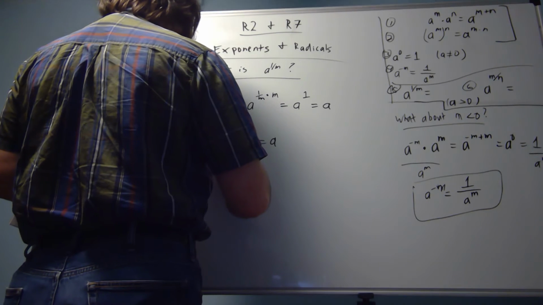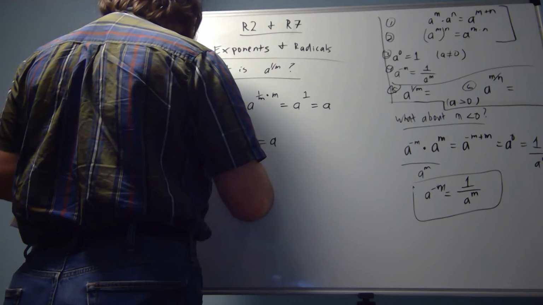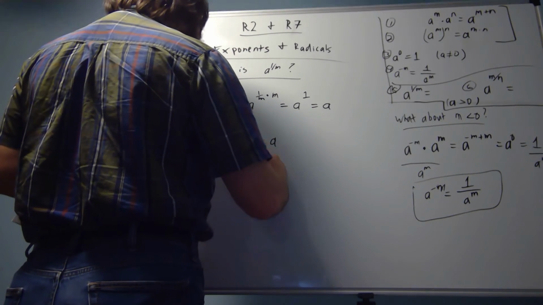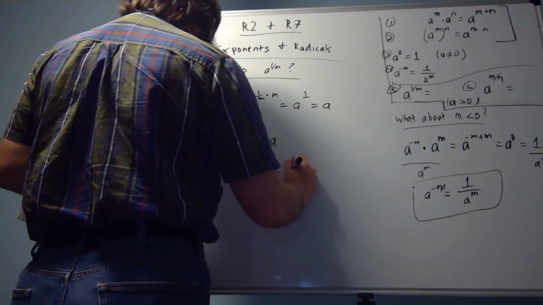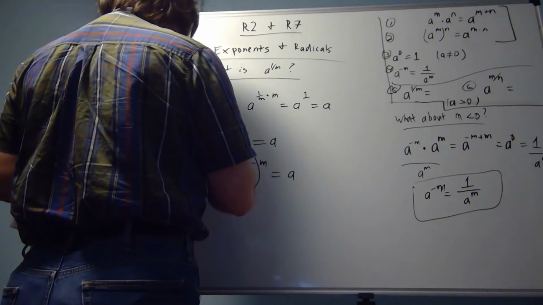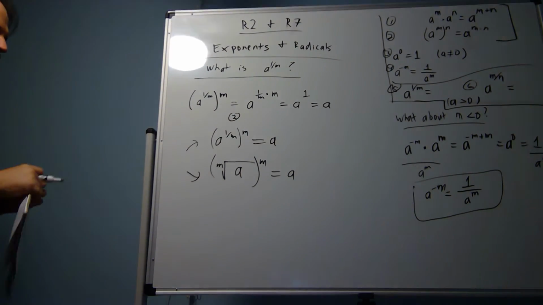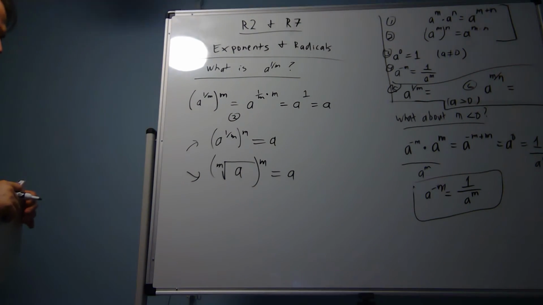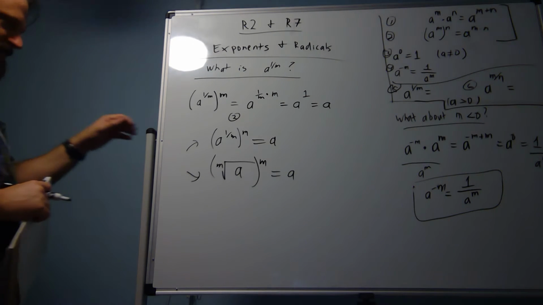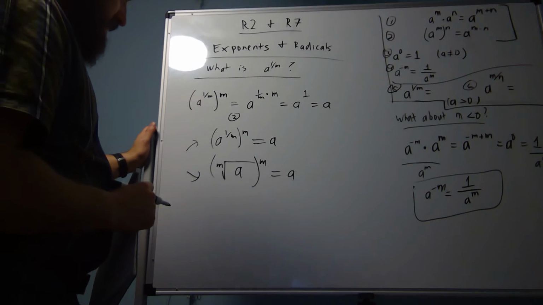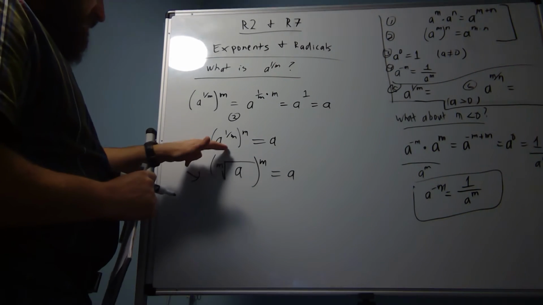So what we have is, on the other hand, is that sort of familiar? We have another thing that plays the same role in mathematics and arithmetic, and that is, well, it's whatever a to the 1 over m is.